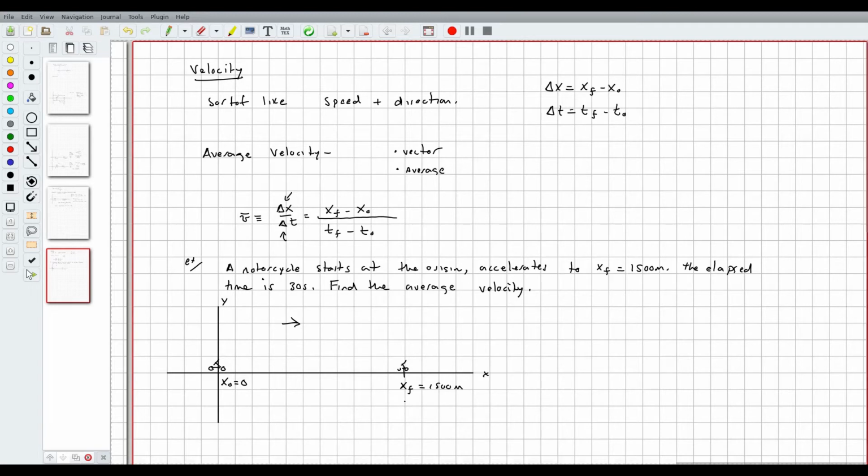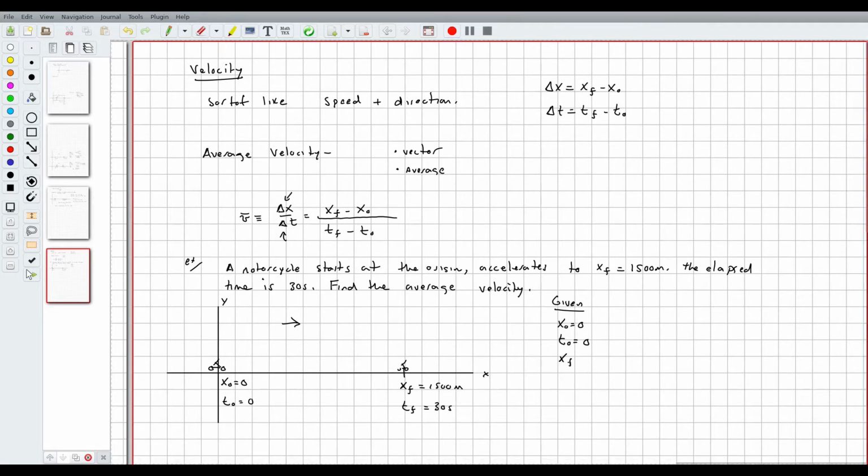Now, the final time we're going to say is 30 seconds. It's an elapsed time. And we're going to pretend that we started with a stopwatch, so our initial time was 0. So here, I have been given the following information. My starting point is at 0. My watch starts at 0.